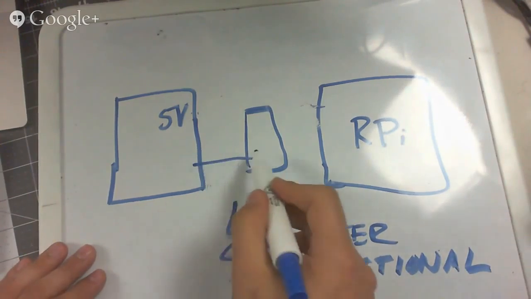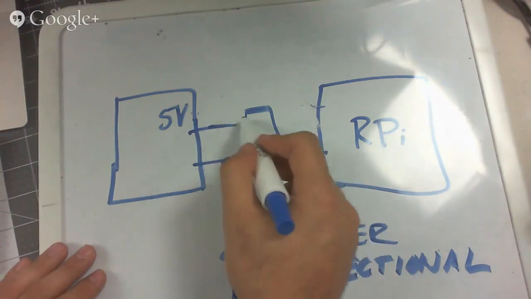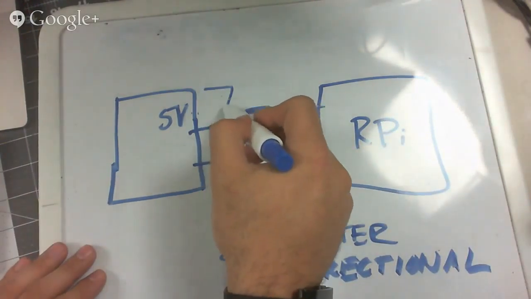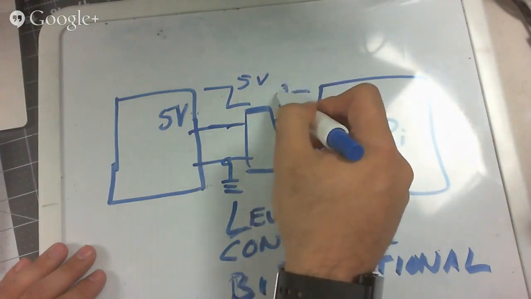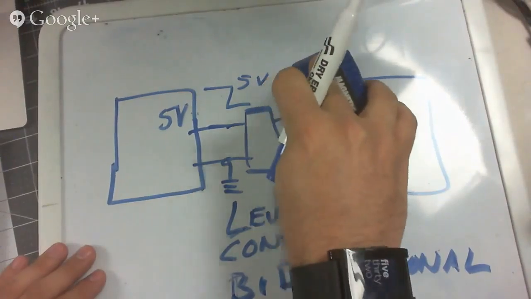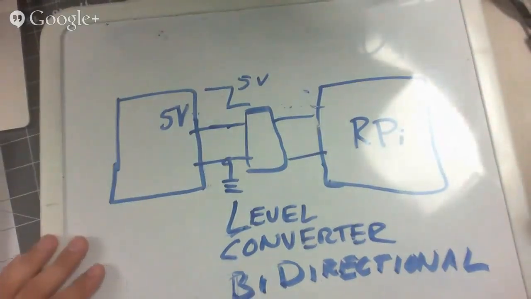So what you do is you tie ground into both, the voltage or the data line, and now the 5 volts here gets translated to the 3 volts. I guess it would be the other way around. But the point is, it shifts between the two.